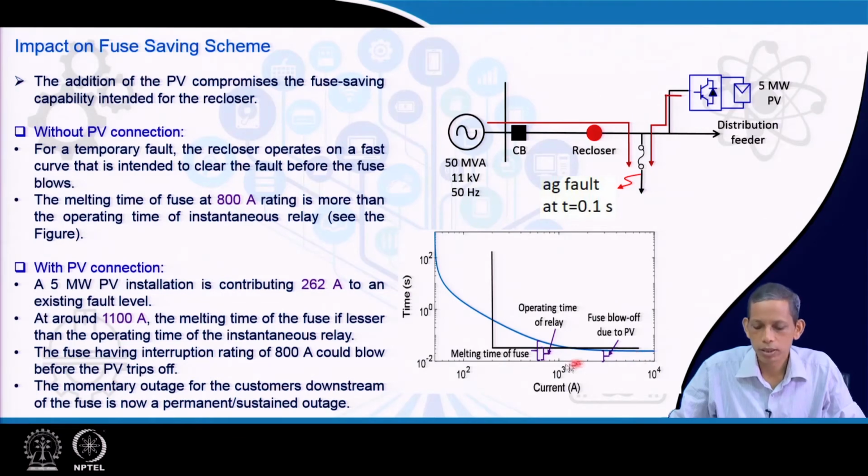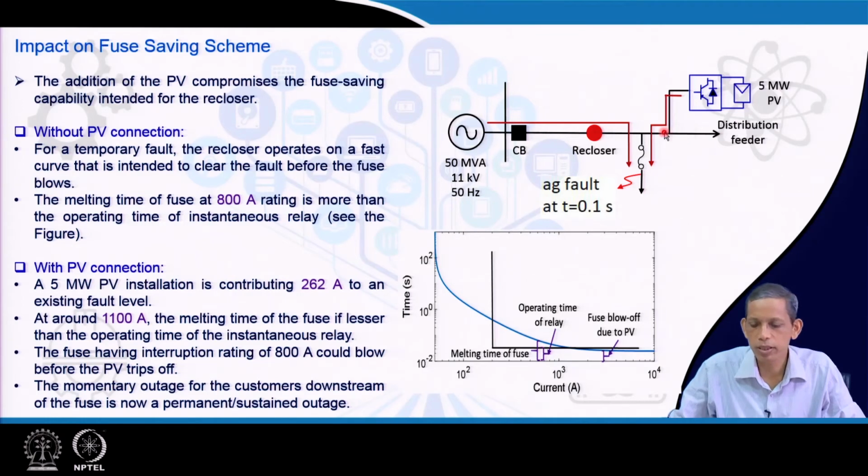We have learned in our fuse saving schemes that this instantaneous protection should act faster than the fuse, then only the fuse can be saved for this fault. So, therefore, the operating time of the relay must be smaller than the fuse time, and that must be there.